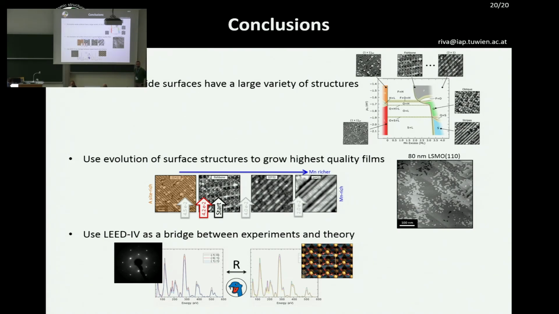Thank you for the very nice STM pictures. I was wondering, now that you have these different manganese concentrations, you see different sorts of general patterns. But of course, there's always variation, so how much of that information is still contained in your LEED when you do different spots? Yeah.